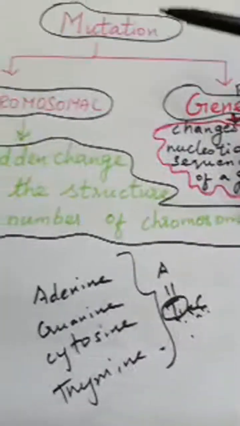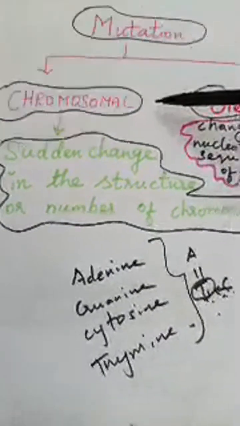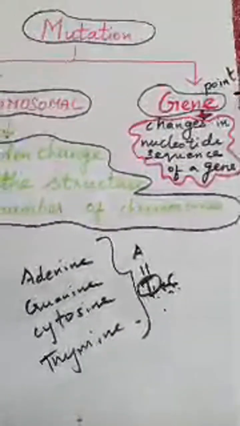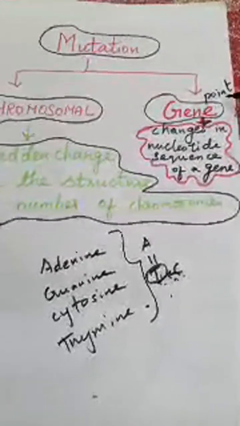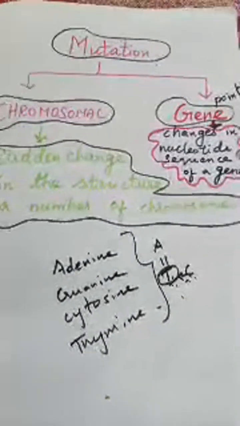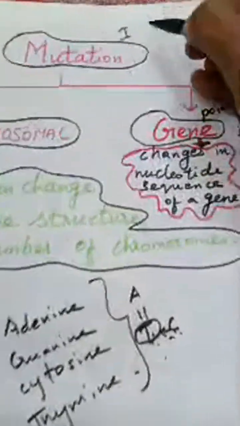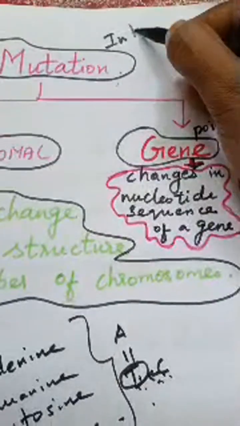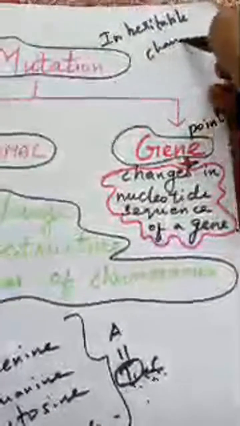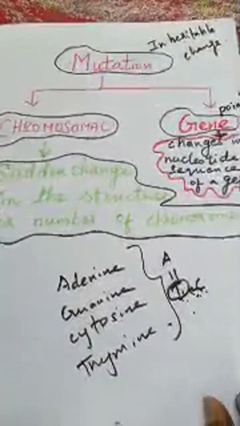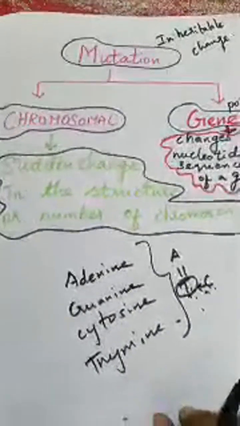So there are two types of mutations, chromosomal mutation and gene mutation, which is also known as the point mutation. So first of all, what I said, that mutation means what? It is the inheritable change that takes place genetically. Understood? So this is about the mutation process.